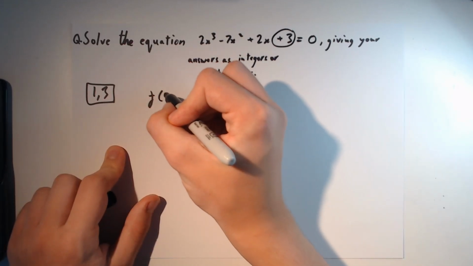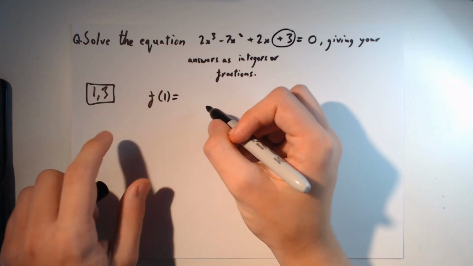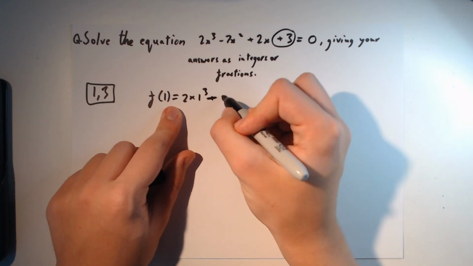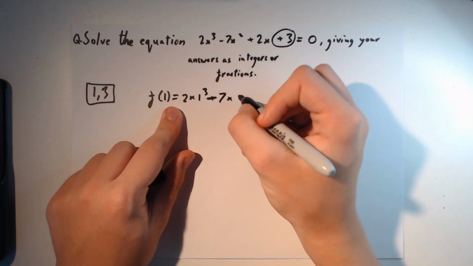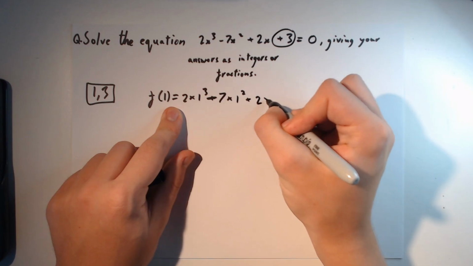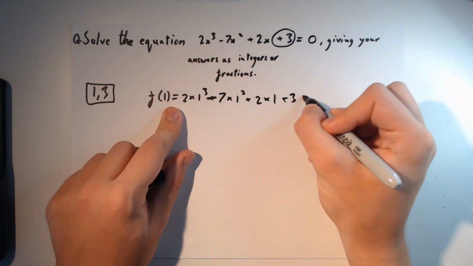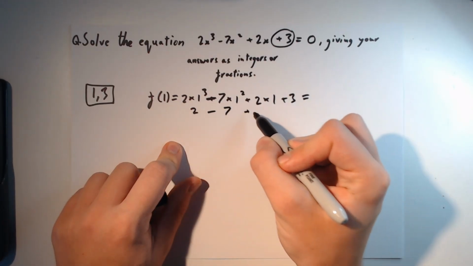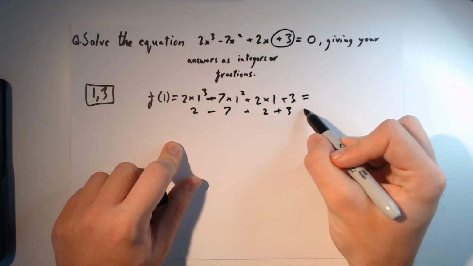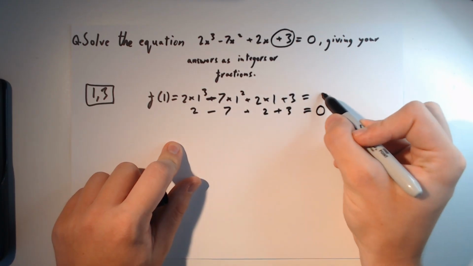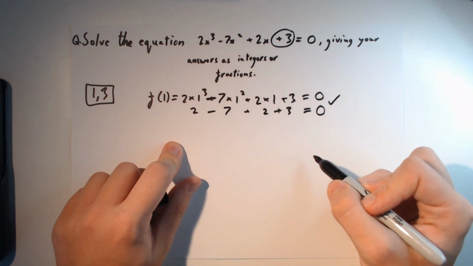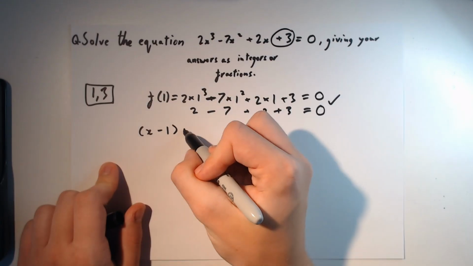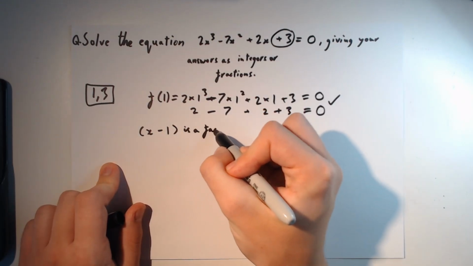So f of 1 is equal to 2 times 1 cubed, take away 7 times 1 squared plus 2 times 1 plus 3. And what does that equal? 2 take away 7 plus 2 plus 3. And that equals 0. So that we know that this is the right one, and we write x minus 1 is a factor.